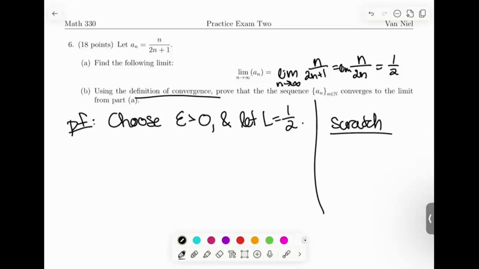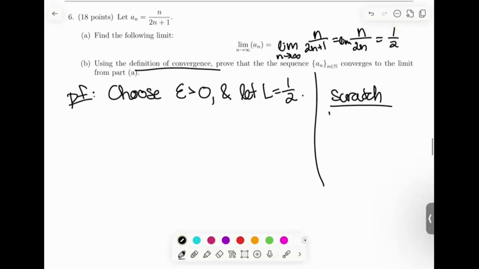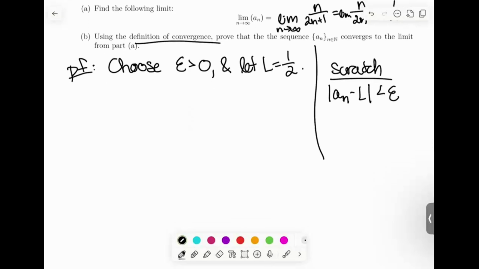And I say to myself, well, what is it that I want to end up with? I want to end up with |a_n minus L| is less than epsilon. That's sort of the goal for all of this. And so who is this character on the left? Well, this character is n over 2n plus 1 minus 1/2.